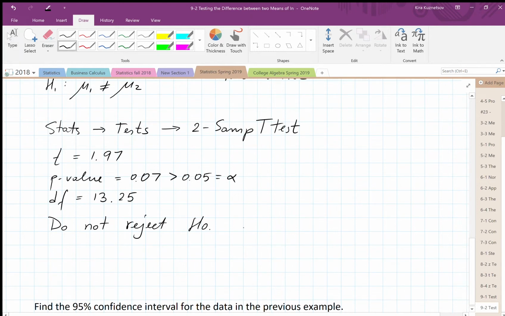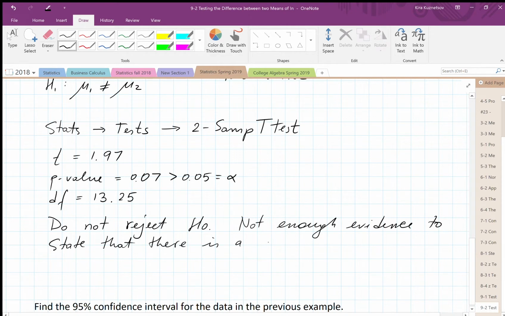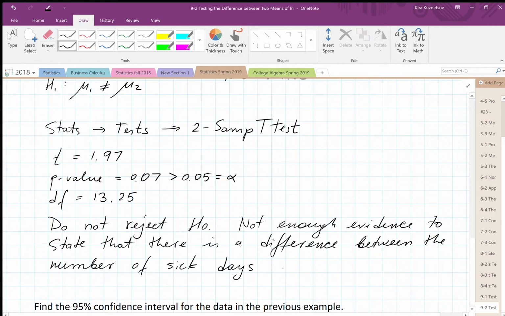And so this is what we say: not enough evidence to state that there is a difference between the number of sick days men take versus women.